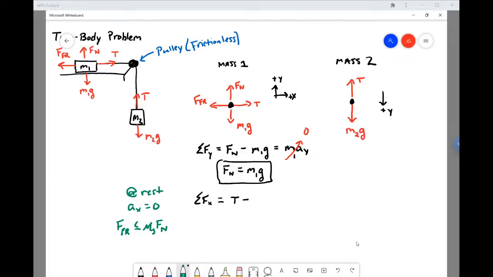And then let's say, what is the situation where the static friction is as large as it can possibly be? Well, that's the situation where the mass that's hanging from the pulley is as large as it can possibly be before everything starts sliding. So let's pursue that a little bit.